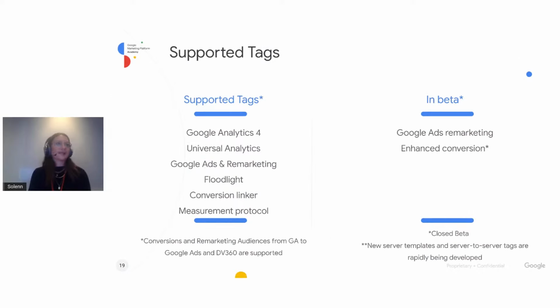Next, supported tags. Last year when we presented, we were quite far behind. I think we had only Google Analytics 4 and Universal Analytics. Now we have launched Google Ads, remarketing, Floodlight, conversion linker, and measurement protocol. And we have a lot of new ones coming.